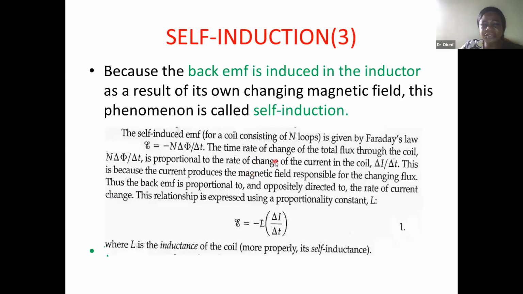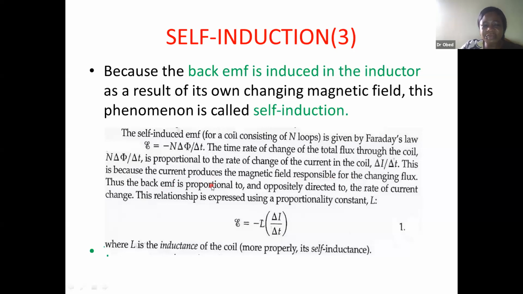So the time rate of change of the total flux through the coil is proportional to the rate of change of the current in the coil, delta I over delta T, where I is the current and T is the time. This is because the current produces a magnetic field responsible for the changing flux.